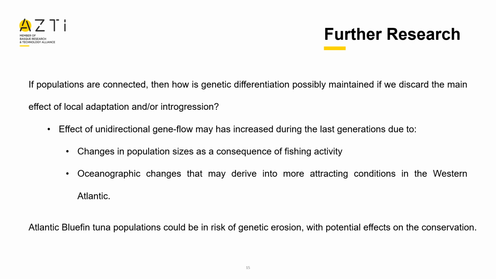This increase could be caused by changes in population sizes, and indeed, some decades ago, both the western and the eastern stocks collapsed. During the last years, the Mediterranean population has recovered much better than the western stock, which still remains not fully recovered.